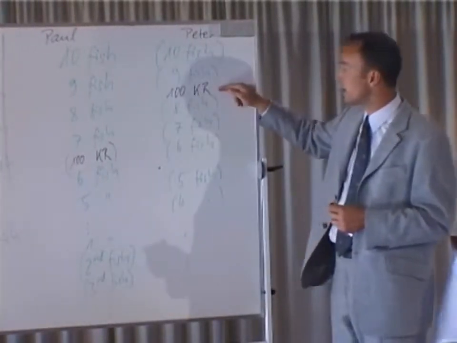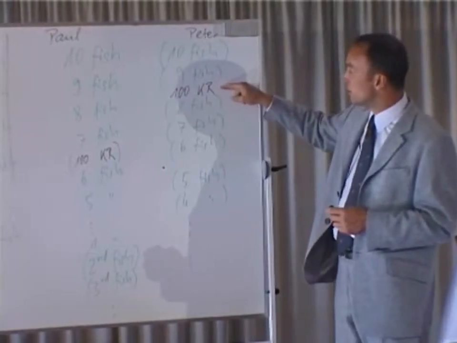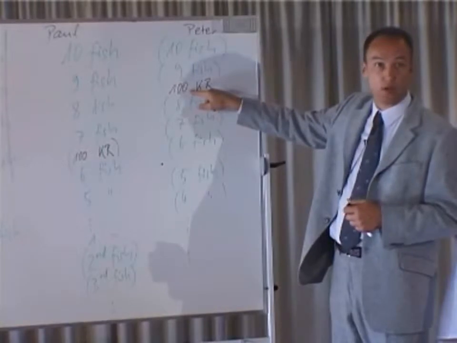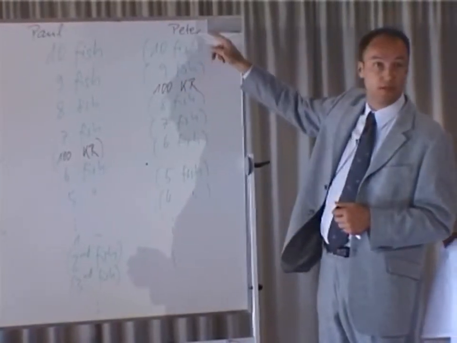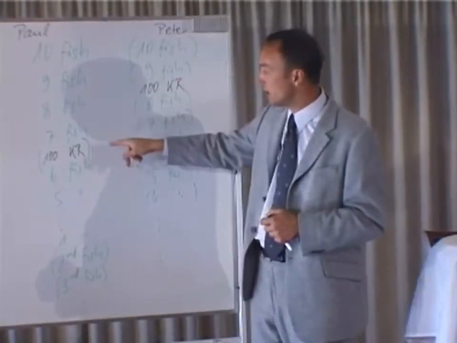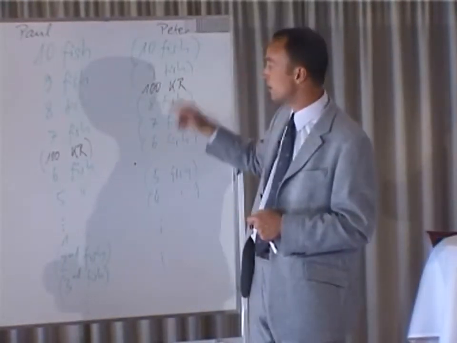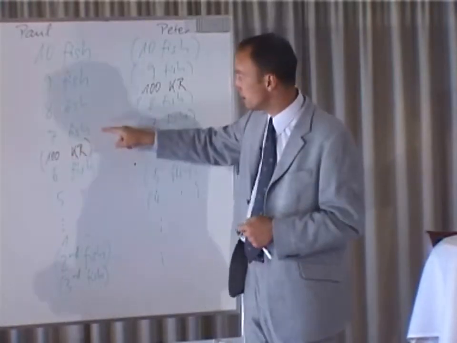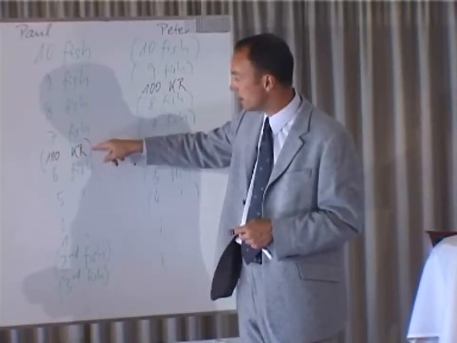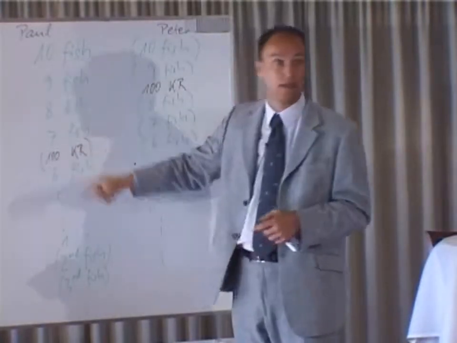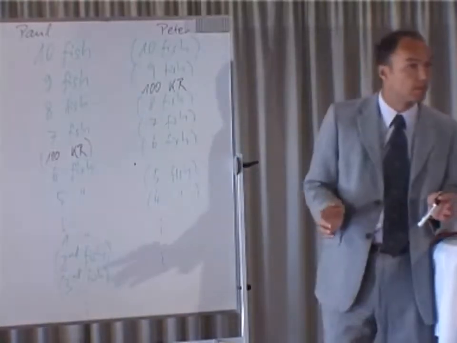Because for Peter, in order to incite him to give up his 100 coronas, one would have to offer him at least 9 fish or 10 fish and so on, right? But Paul, who is a fish owner, will not give him this amount of fish for a 100 corona bill, because anything upward from 7 fish is more important to him than the 100 coronas.